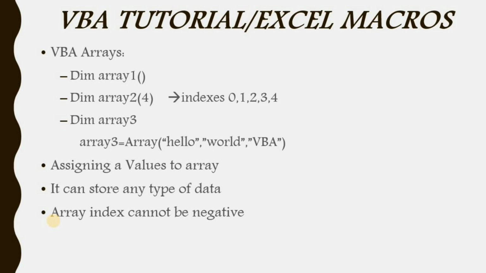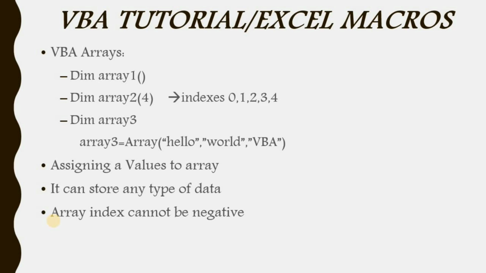The second one is Dim array2(4). Here, whenever we are initializing, we also give the size within the brackets. It's a parameter there, the size. One more important thing: normally in programming languages like C or Python, if the array size is 5, it can store a maximum of 5 values, starting from 0, 1, 2, 3, 4, that's it.